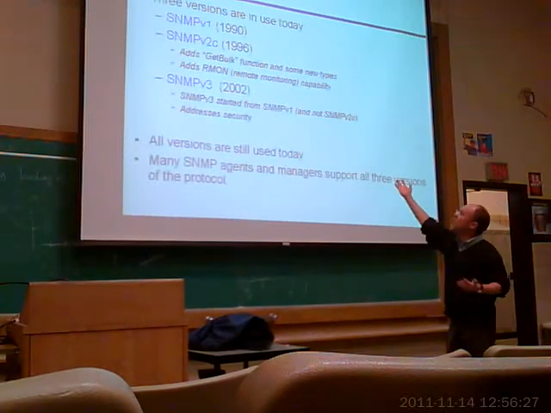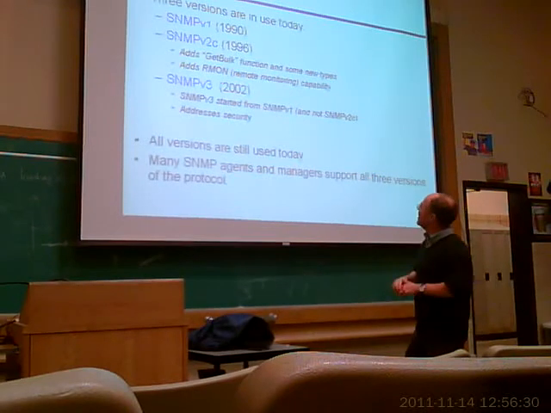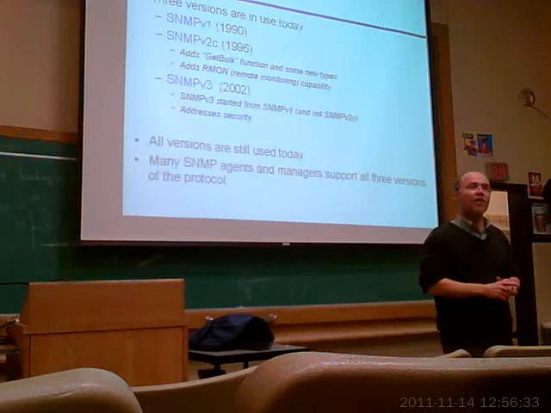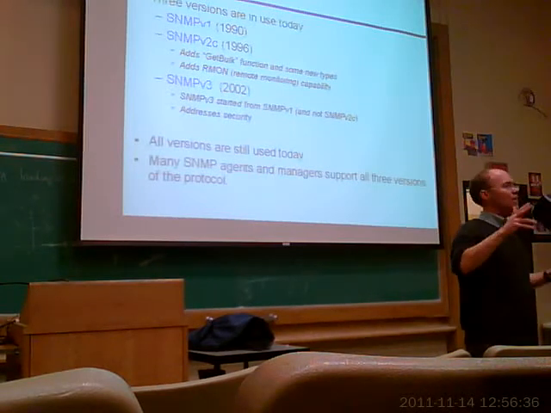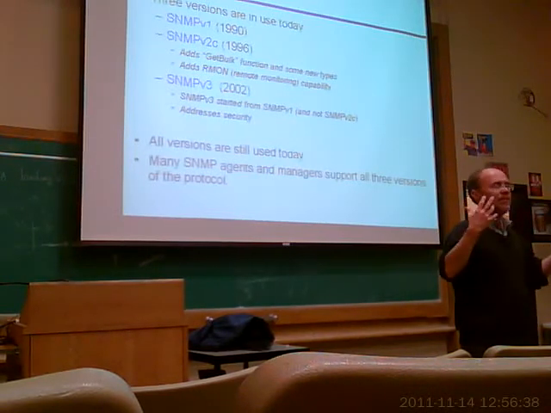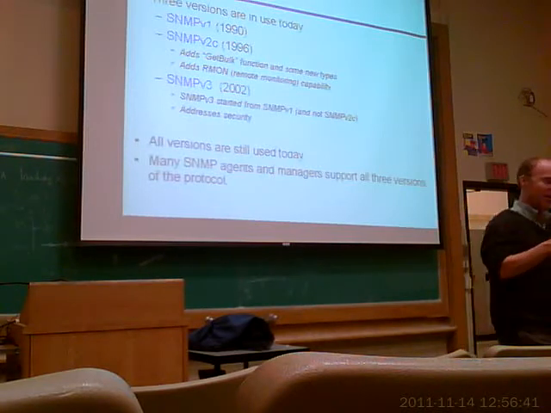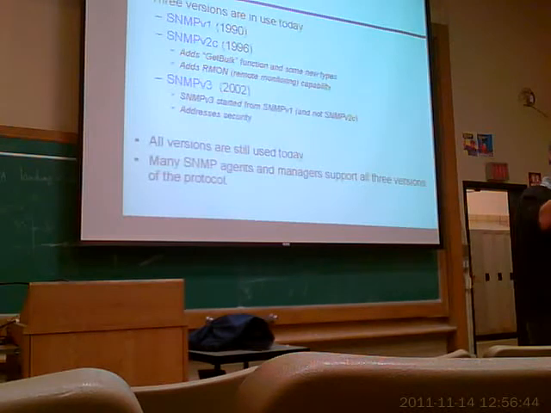Now, since 2002, which is a long time ago, a lot of security has been added in SNMP version 3. The right way to do it is not so interesting to talk about, but if you configure it in lab number 9, you would snoop the traffic and really see that it's quite tight security.